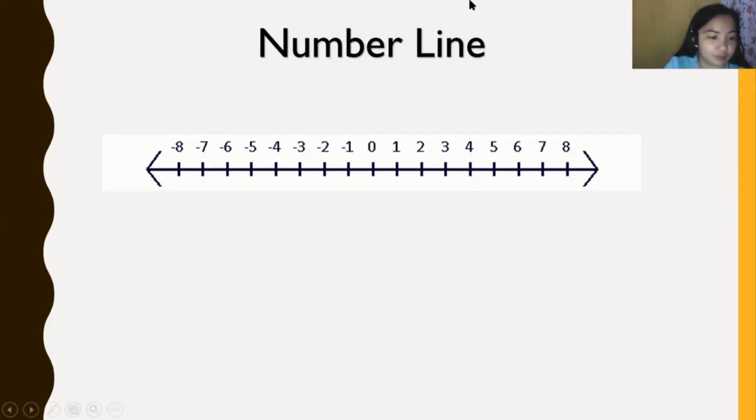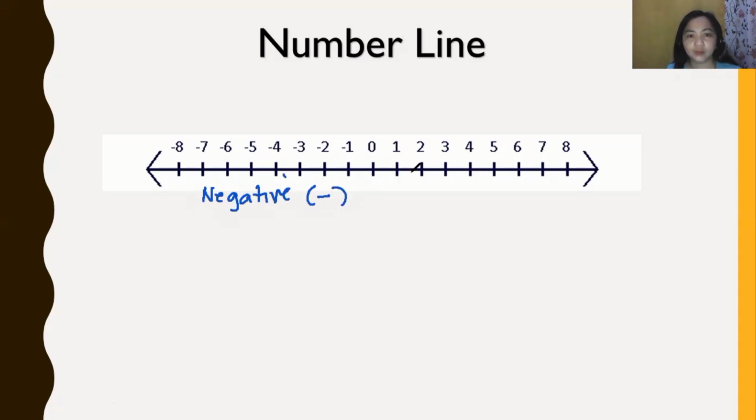So here, in this number line, these are the negative numbers. And in this side, the right side, we can find the positive numbers.